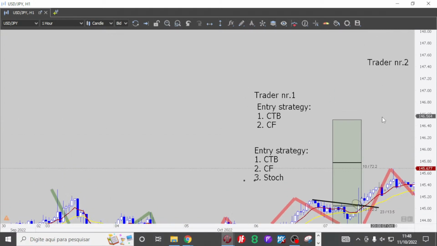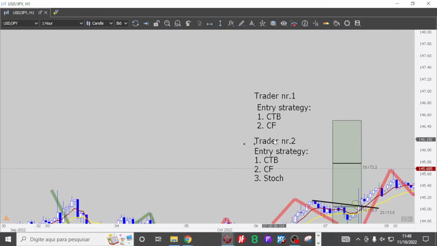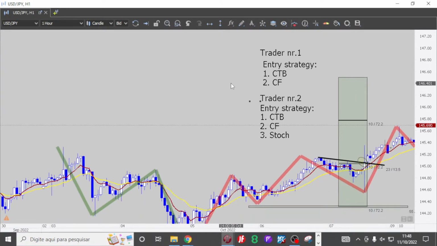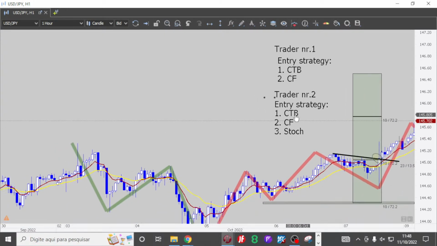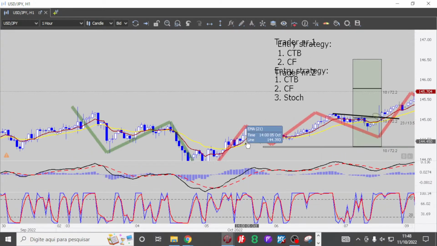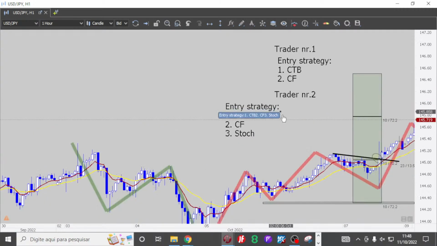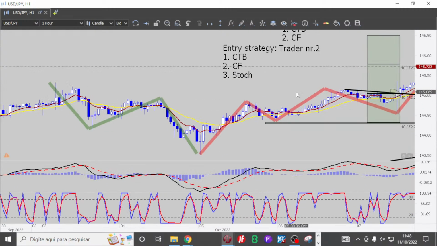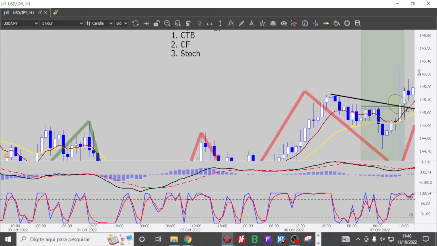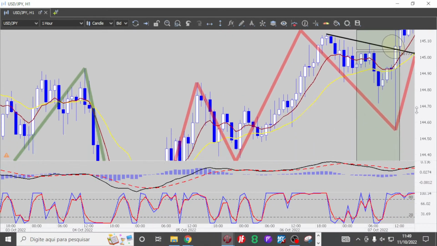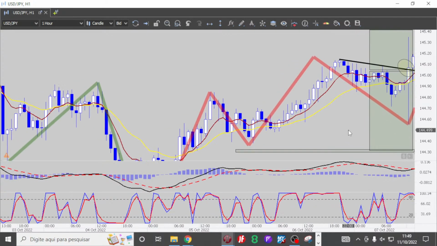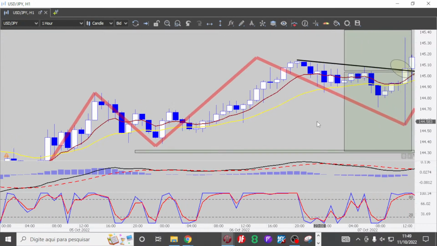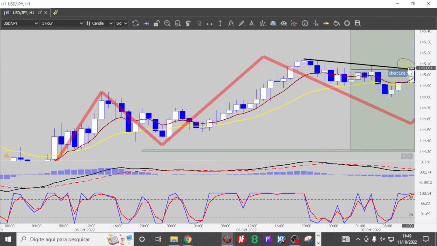Now the second trader said, well, I want to enter with the counter trend line break candlestick formation, but also the stochastic. So let's see if the stochastic as an indicator was positioned in the favor of the trade. So this is a bullish candle, you know, up and down, so it's here, counter trend line break.